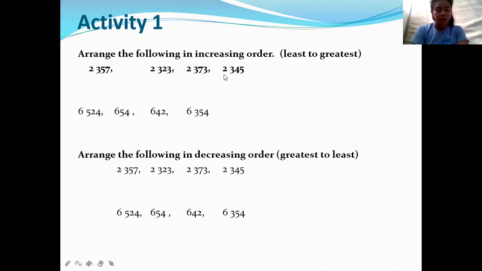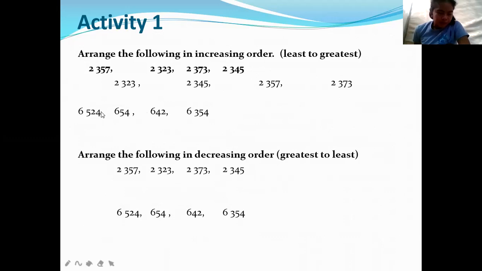So which number is the lesser? Least to greatest. Mas dako si 2,373. Then pinakagamay 2,323. So arranged na siya from least to greatest.